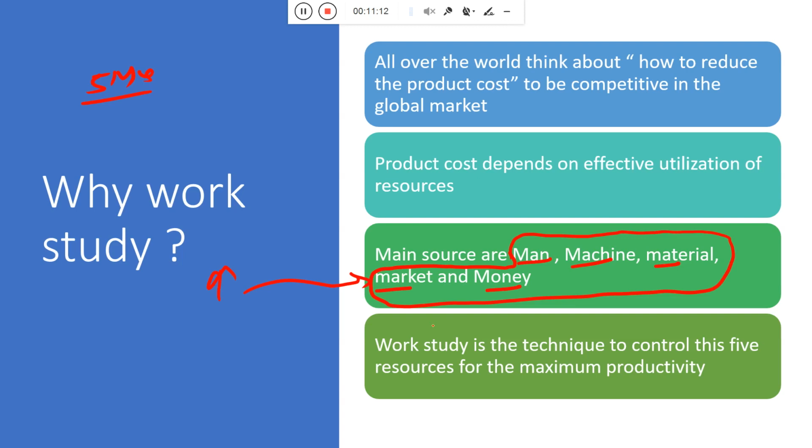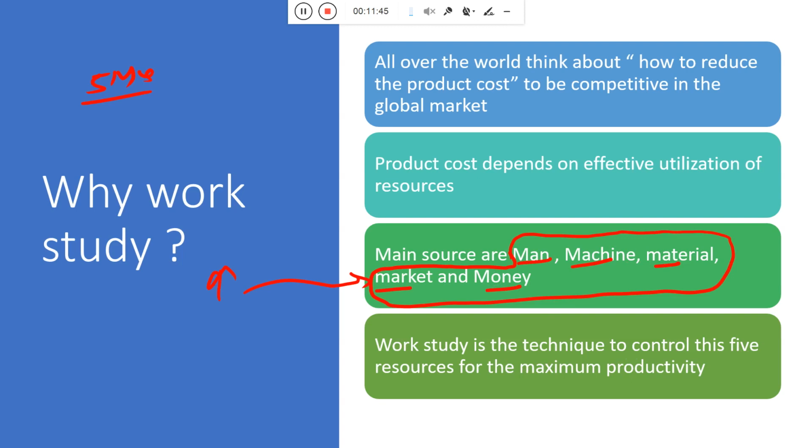So the thing is like that: work study is the technique to control these 5 resources for maximum productivity. I just discussed what the 5M means. The 5M resources means man, machine, material, market and money. How to utilize this 5M in a proper way, or you can say how I can control this 5M in a proper way, so I can maximize the productivity of my organization.